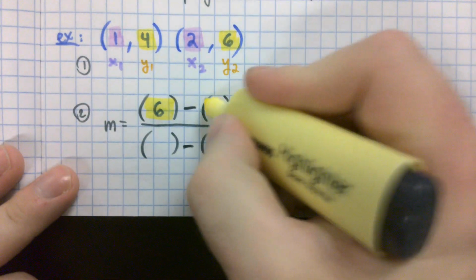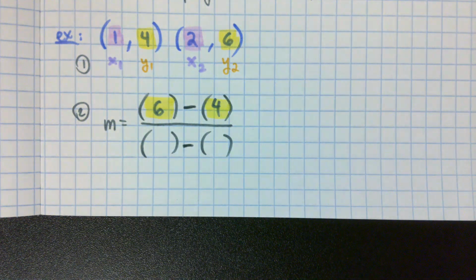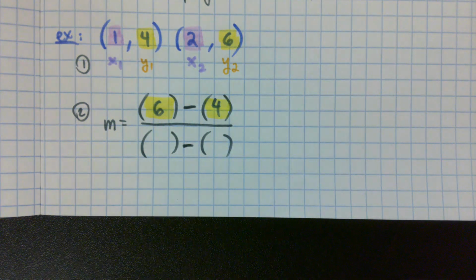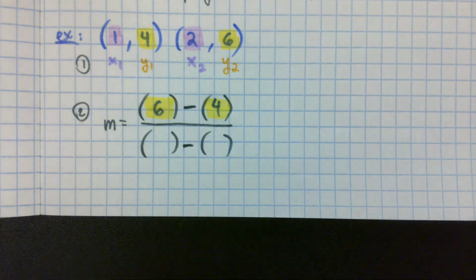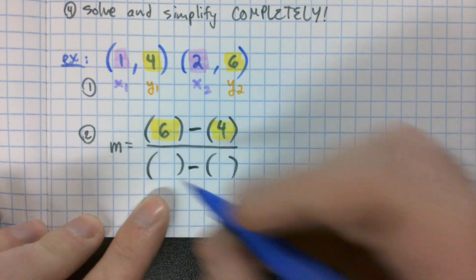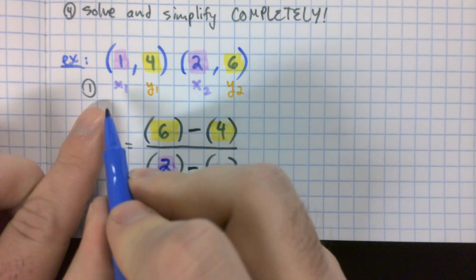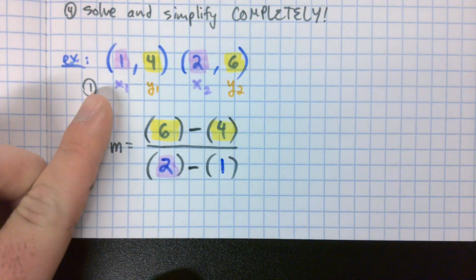We'll plug that in on the top and highlight it as well. Now, what's my first variable on the bottom? x2, which in this case is equal to 2. And finally, we've got x1, which we labeled as 1.